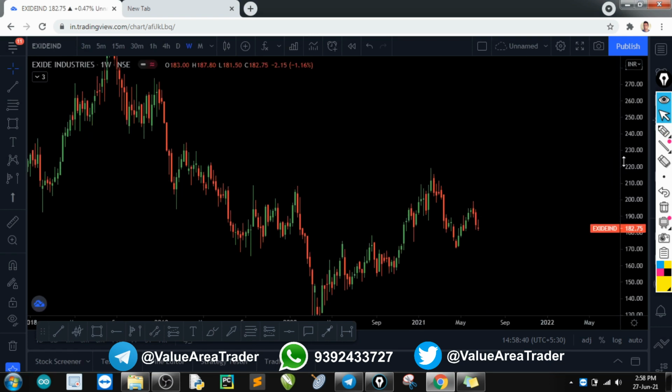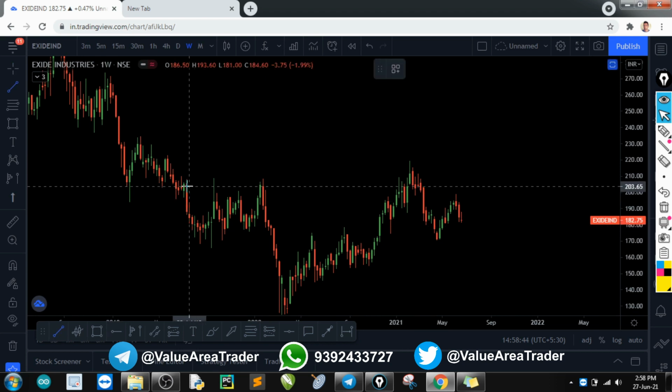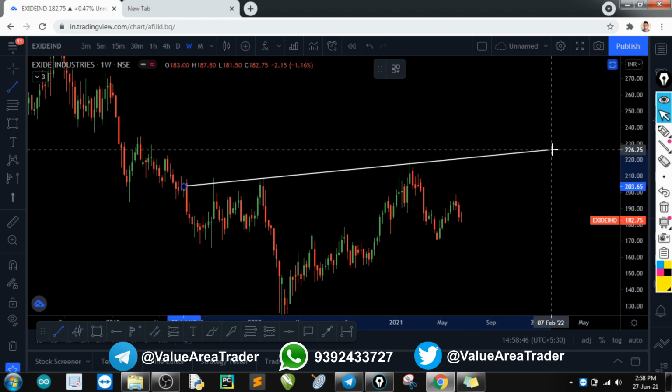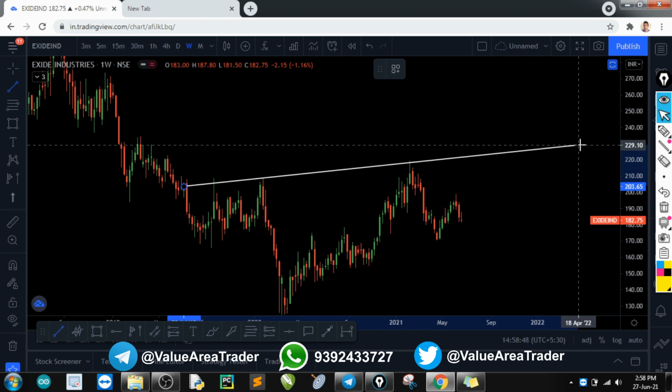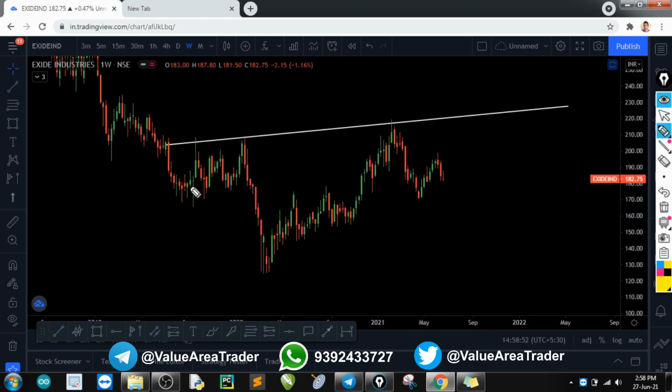Okay, now Exide. Here, this is also an inverted head and shoulder, but it's not a straight line, it's an angled line, as you can see. This was the left shoulder, this is the head, and this looks like a right shoulder for me.